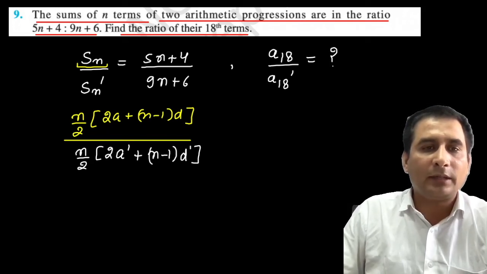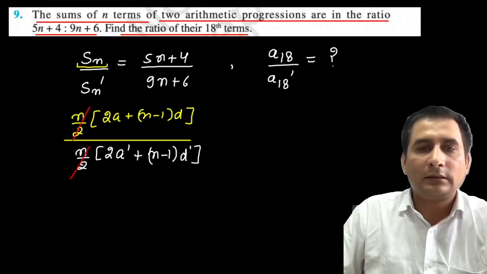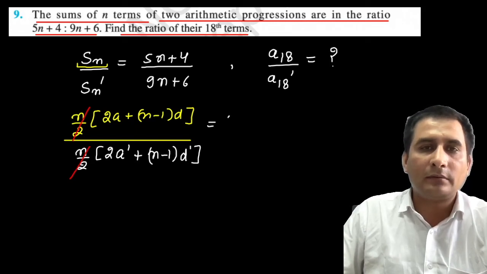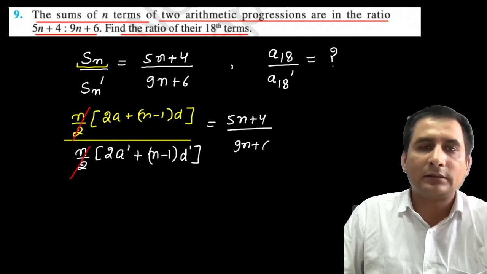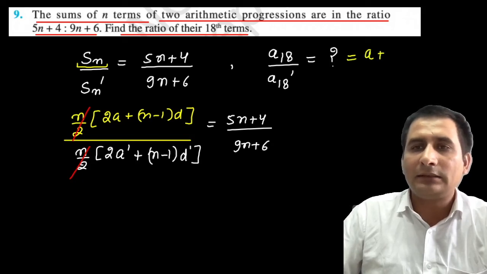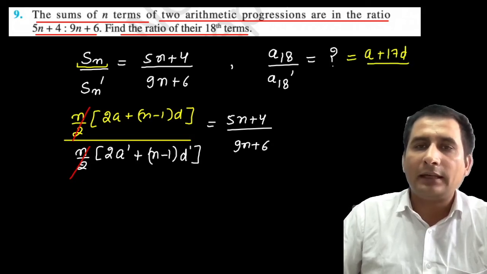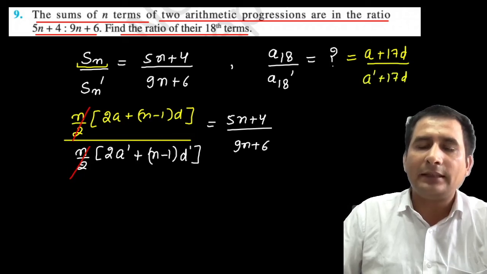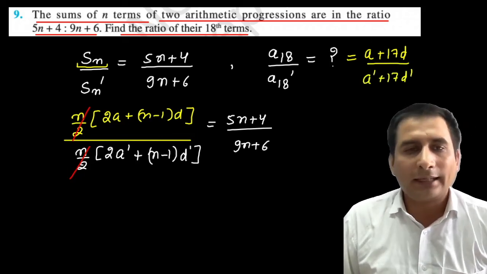So if you look at this, n by 2 cancels, then it is equal to 5n plus 4 upon 9n plus 6. Now what is the meaning of this A18? A18 का मतलब है a plus 17d and A18 का मतलब है यहाँ पे a dash plus 17d dash, right? a dash, d dash I am using for the second AP.